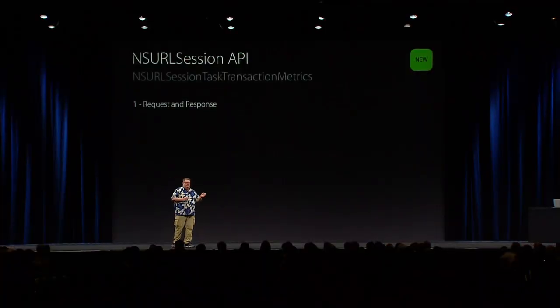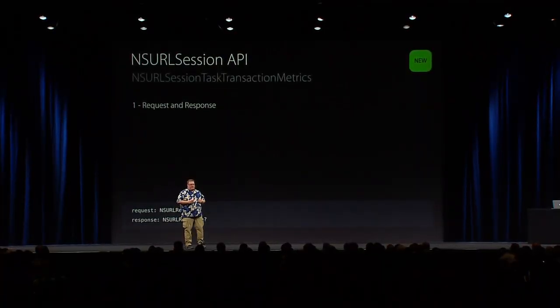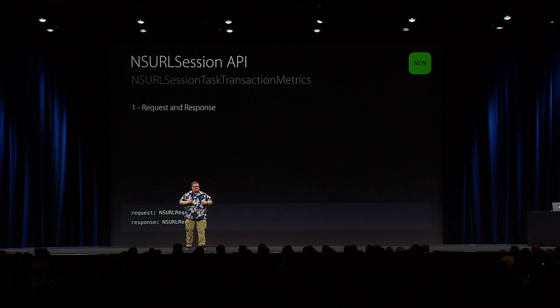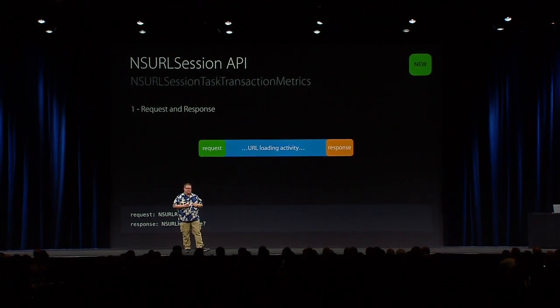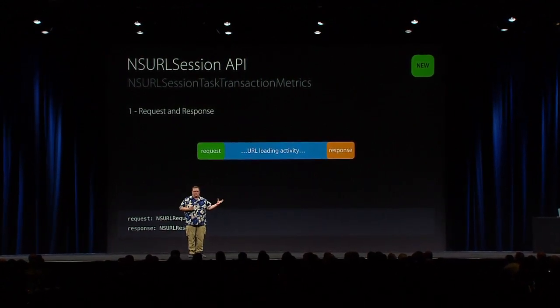The first 2 properties of NSURLSessionTaskTransactionMetrics make up the first category, and I'm going to call that request and response. There's 2 properties here called request and response, and they really allow you to analyze what was it that I asked for and what was the response to that original question.